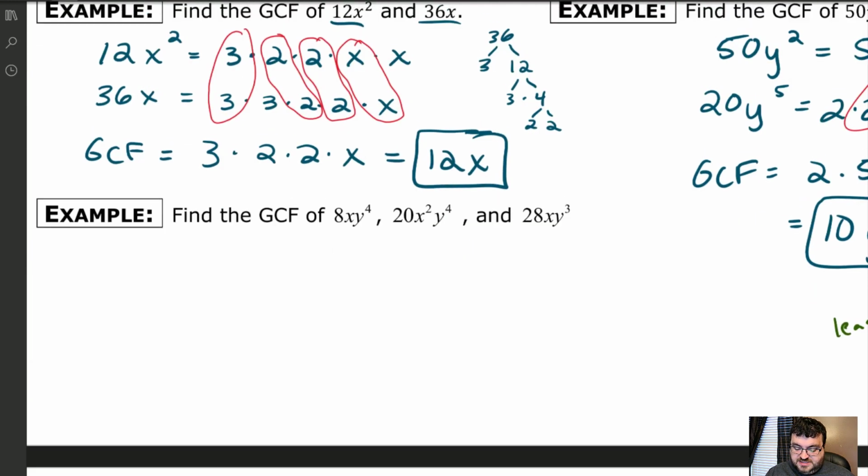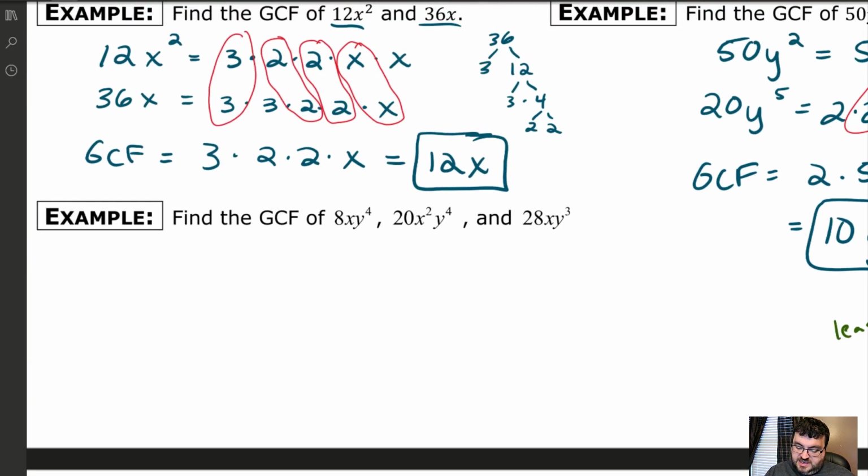So, look at this example here, where it has 3 terms: 8x y to the fourth, 20x squared y to the fourth, and 28x y cubed. On this one, we already know the lowest x will be x to the first, because x to the first is on the 8 and the 28 terms.